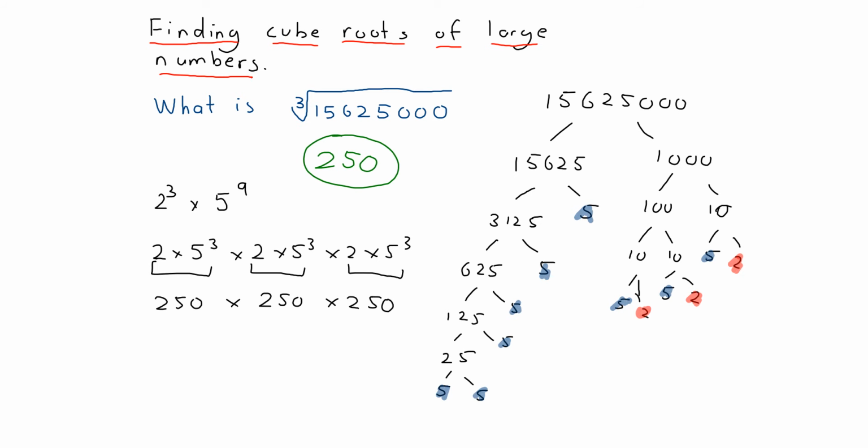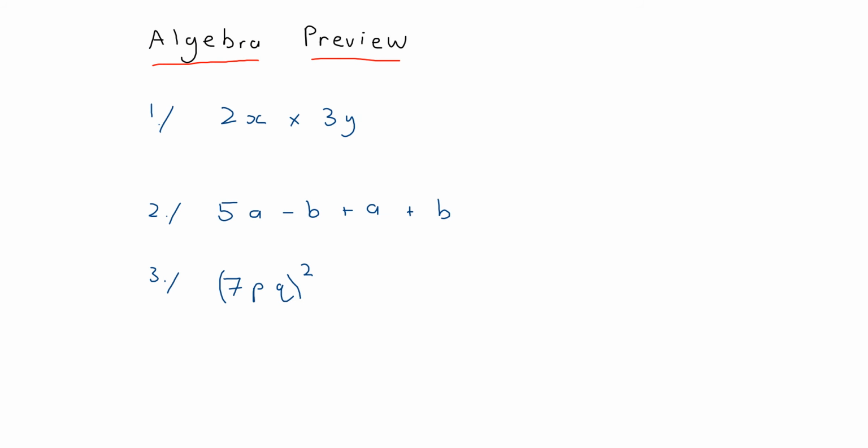Alright, on to our next thing, our algebra review. Or preview, we haven't technically done algebra yet. So, the first one, 2 times x times 3 times y. Remember, if I write 2x next to each other, it just means 2 times x.